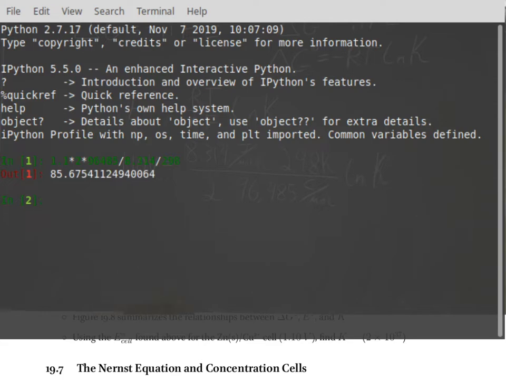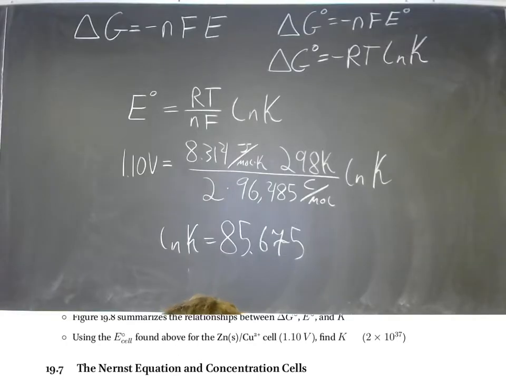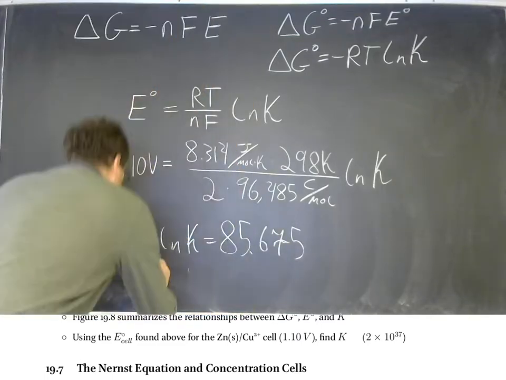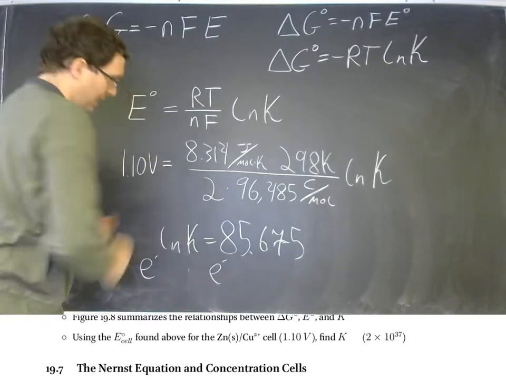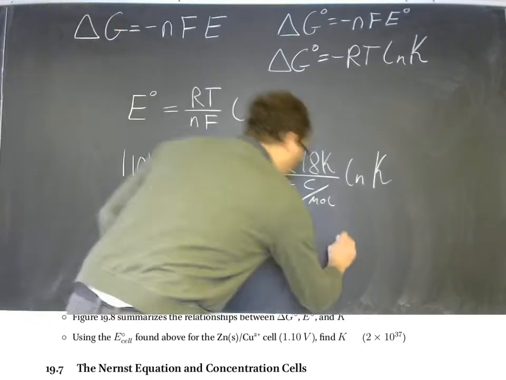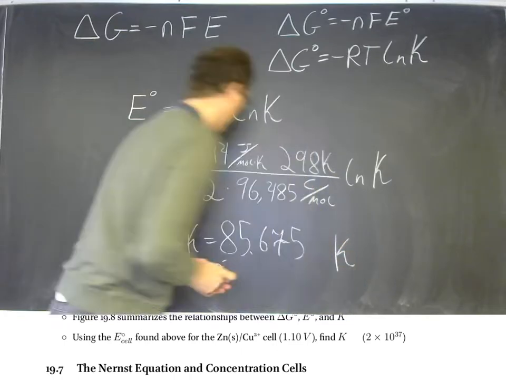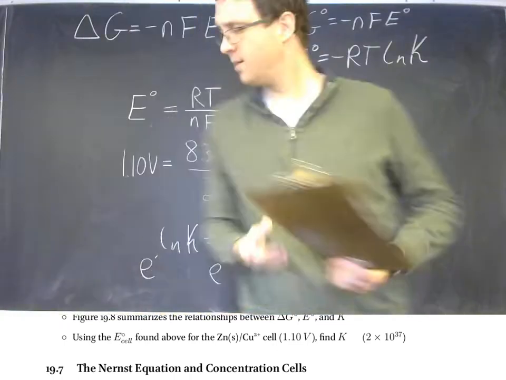So the natural log of K is equal to 85.675. Okay, one moment, I'll let you see that I've written on the board. And so I'll just raise e to that power to undo the natural log of K. So K is going to be equal to e raised to the power of 85.675.